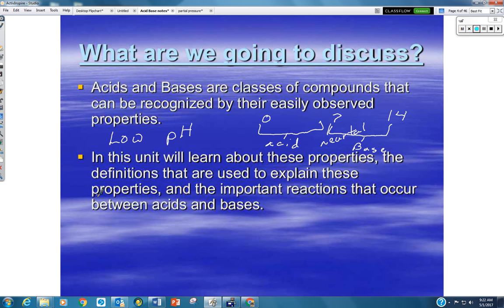What's another property that you might remember specifically about an acid? All right, they're corrosive, meaning they will corrode things. They will start to break them down. All right, what's something else that we might remember about acids and bases, or acids in particular? All right. They cause indicators to change colors.